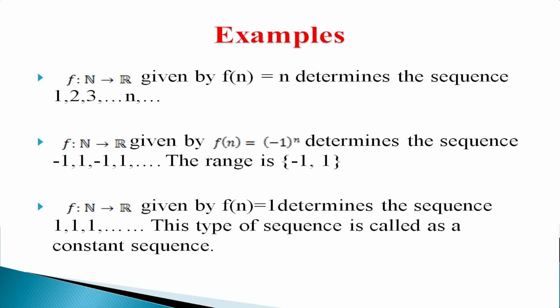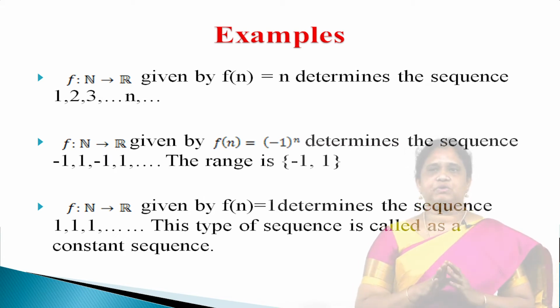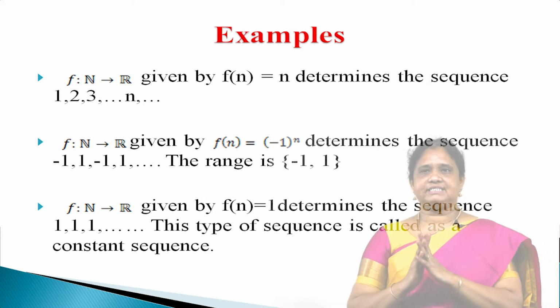Another example, f from N to R defined by f of n is equal to minus 1 the whole power n, which determines the sequence minus 1, 1, minus 1, etc. If we substitute 1, 2, 3, etc. for n, the first element is minus 1, the second element is positive 1, the third element again negative 1, the fourth element positive 1, etc. But here the range is minus 1 and 1, which is finite.